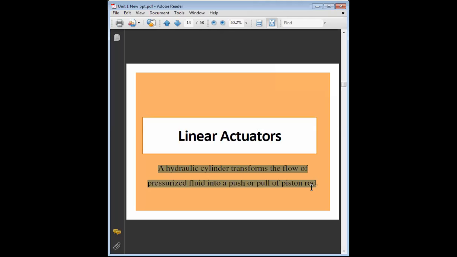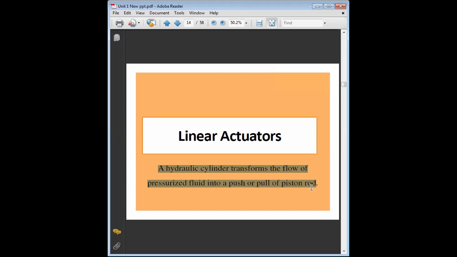Once again, I am repeating: the linear motion obtained from the hydraulic cylinder can be used to pull, to push, to lift, to grab, to turn, or for any other useful form of work, with the use of separate links and mechanisms. So that is the linear motion.